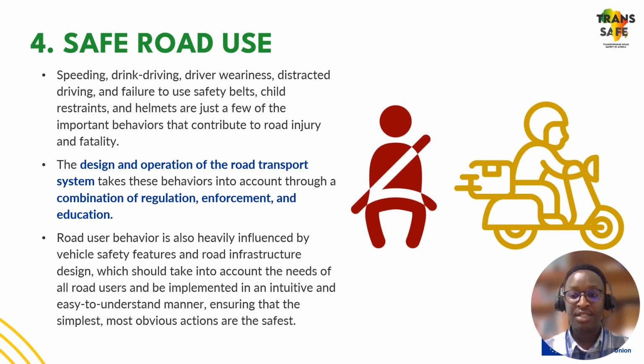Although many countries have such laws, those laws do not always meet WHO best practice and are not consistently implemented through regulations or enforced. Road user behavior is also heavily influenced by vehicle safety features and road infrastructure design, which should take into account the needs of all road users.